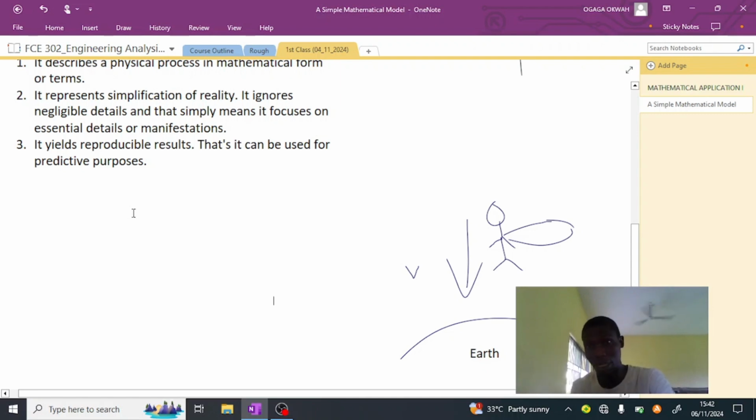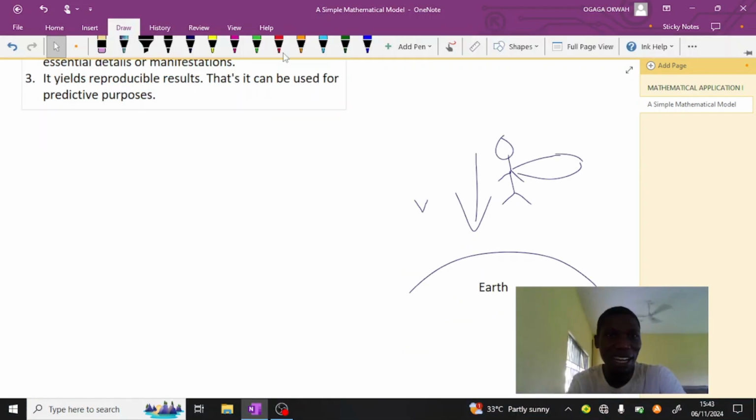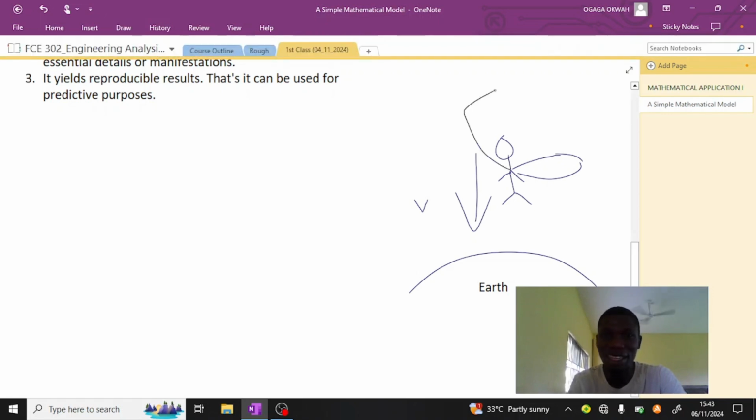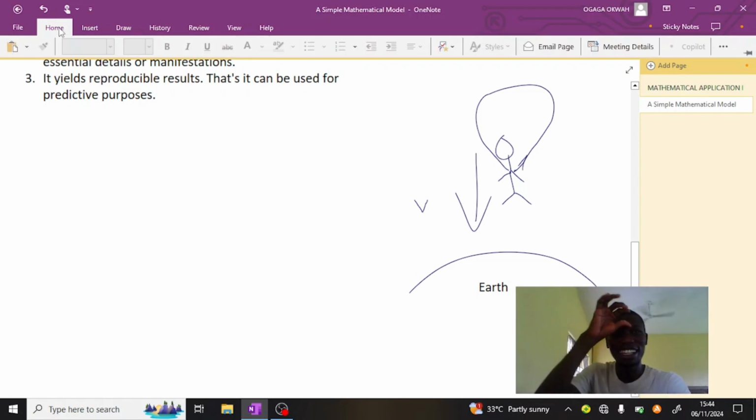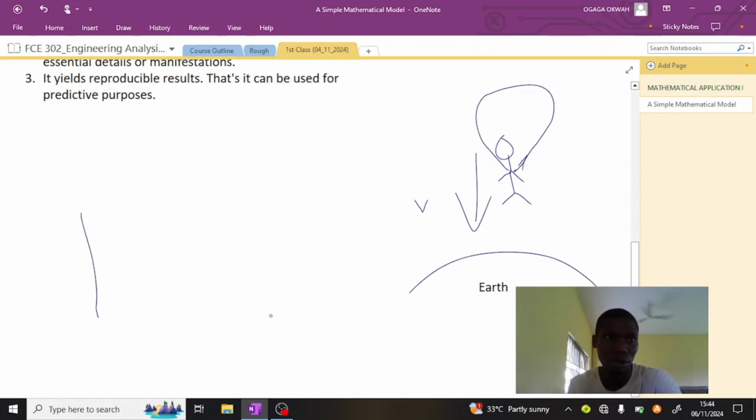Our free falling body now is the parachutist. So what we'll do, we are going to express the acceleration as the time rate of change of velocity, and then substitute into equation 3. So we get equation 4 from that.